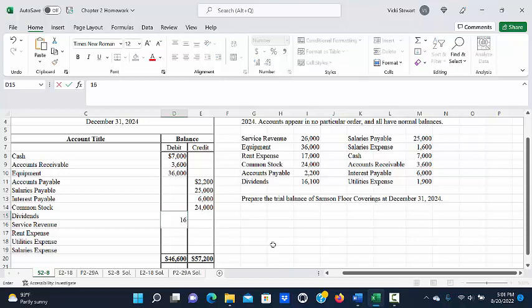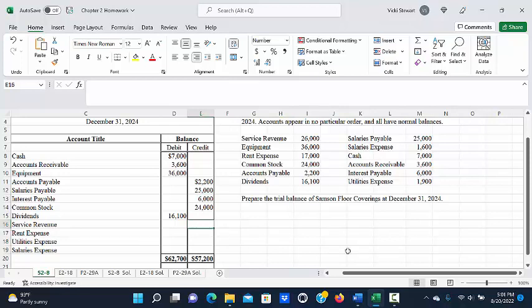The reason is that dividends reduce retained earnings, which is an owner's equity account, which has a normal credit balance. So think of dividends, it's not an expense, but you can think of it as a temporary account that has a debit balance. So you can associate it with the expense accounts that also have debit balances.